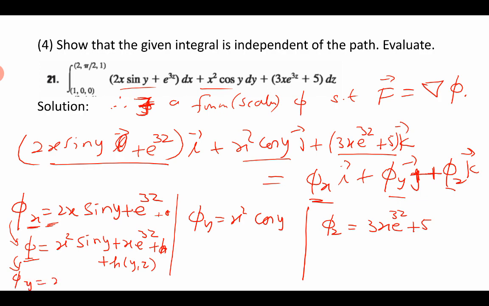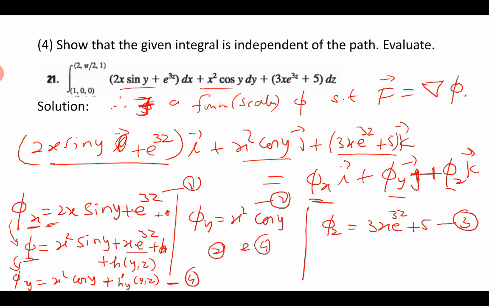You get x square cosine y plus, the second term has no y, so 0. The third term will be the derivative with respect to y, h y of y comma z. Now this is equation number 1, this is 2, this is 3, and this is 4. Compare 2 and 4. What do you get?